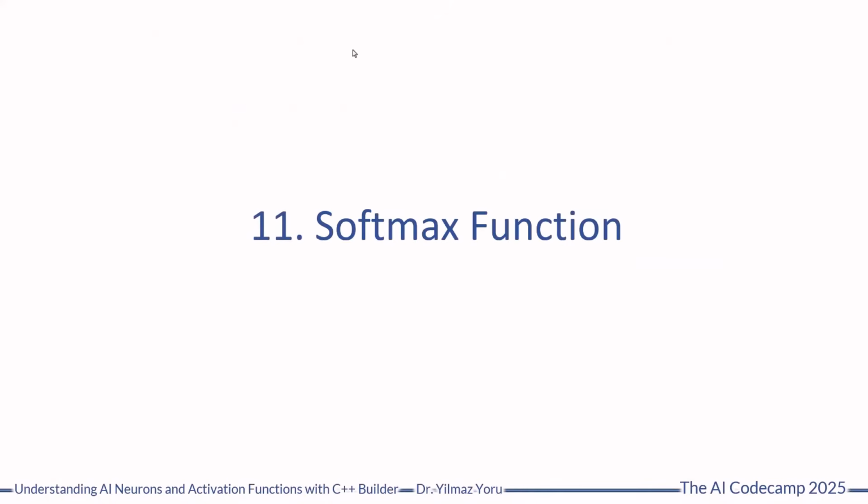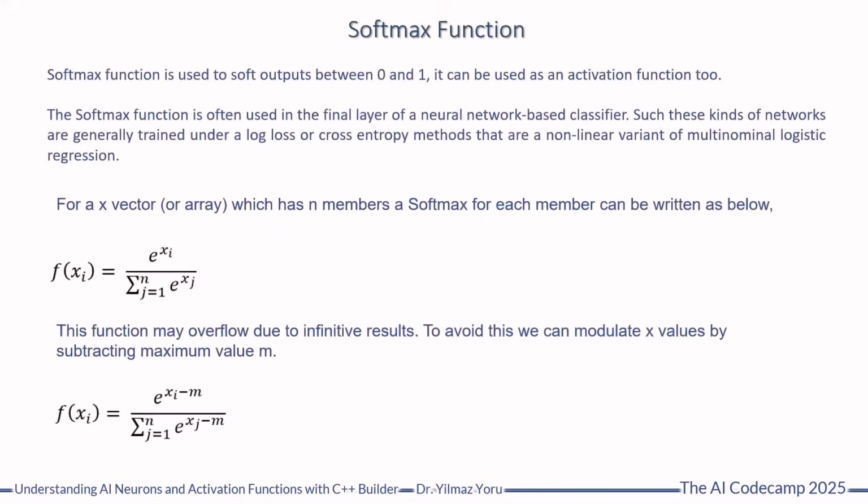And another function is the softmax function. Actually, it is not an activation function, I think, but I want to explain it because it is very useful and very widely used in deep learning and GPT applications. The softmax function is used to squash outputs between 0 and 1. It can be used as an activation function too.